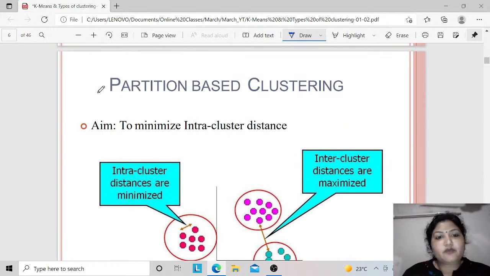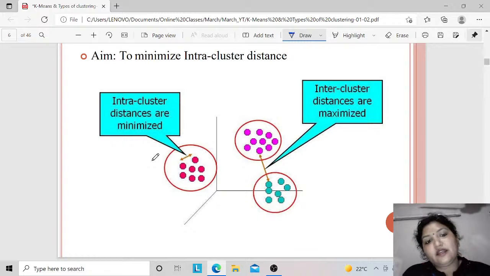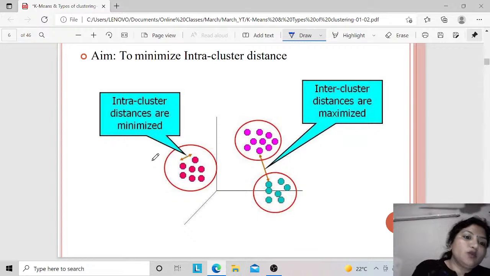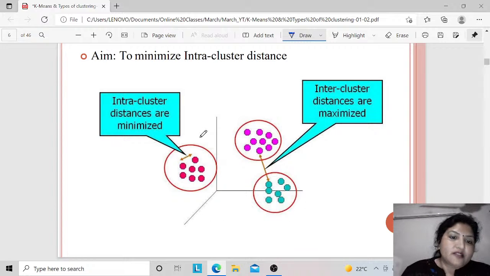Next we have partitioning based clustering. In this, we segregate the data points using partitions. To minimize the intra cluster distance, we can use partition based clustering, right? Because we need to segregate the different data points and understand that this data point is falling under this group only.